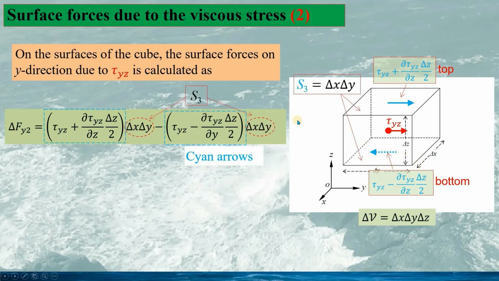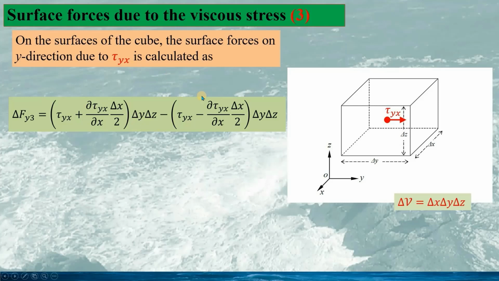And these are multiplied by the surface S3 calculated as delta x times delta y. So we can see the direction of the tensor component would be in different directions. And we can calculate this into the expression as this. And this is very similar to the previous expression.